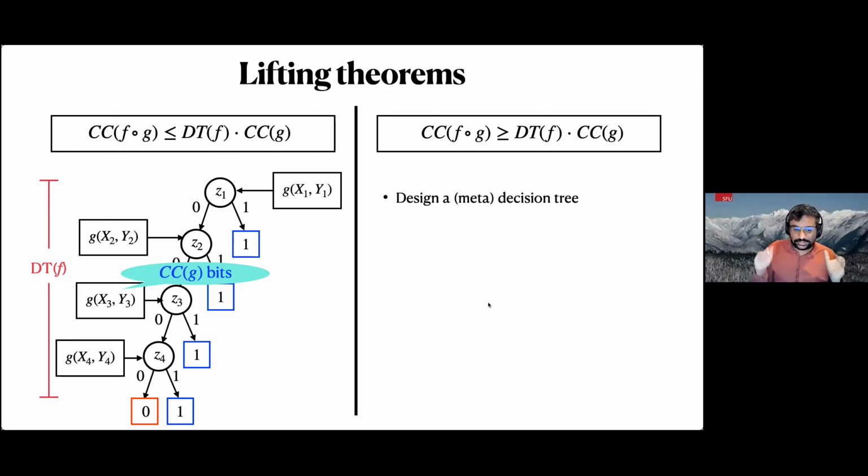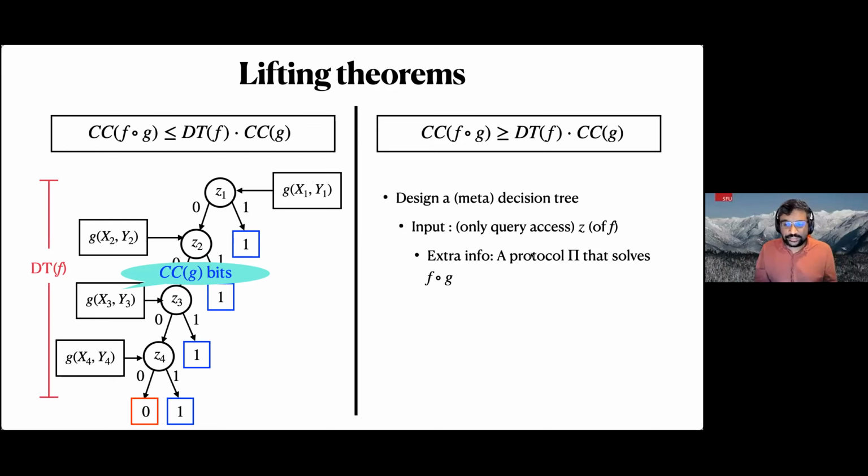The hard direction usually follows this recipe of designing a meta decision tree. Its input is z, which is the input to f, but it cannot see the input. It only has query access to z. But the extra information is that we are giving it the best protocol pi that solves f composed with g.